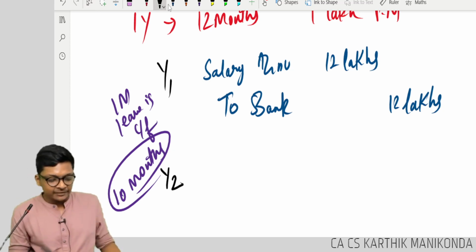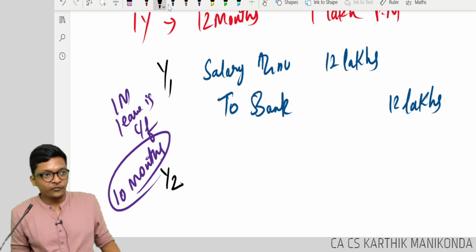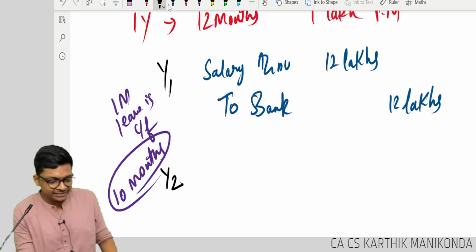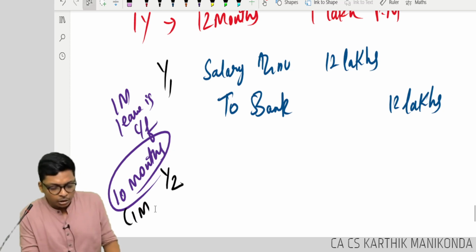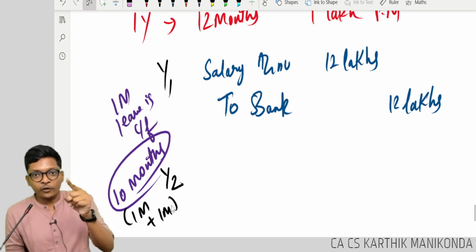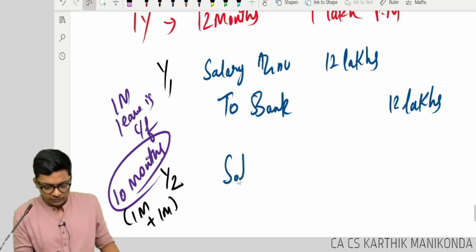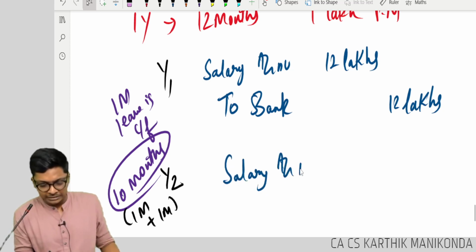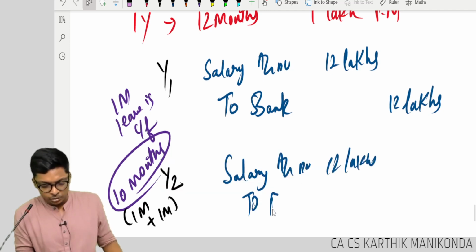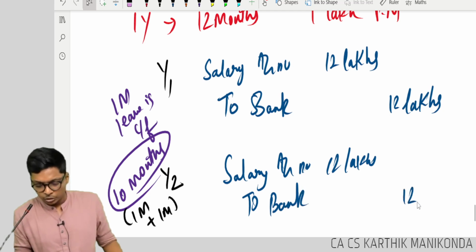How much salary will he get? Full 12 lakhs, because the previous year's 1 month plus this year's 1 month he will get, for 12 lakhs. Entry: we will write what you are saying. Salary account debit 12 lakhs to bank 12 lakhs.